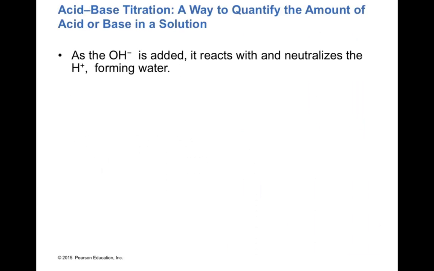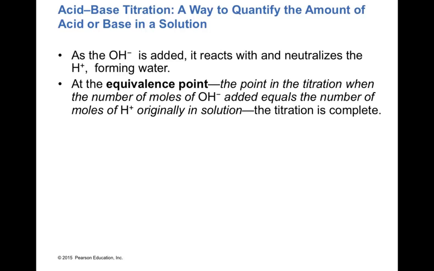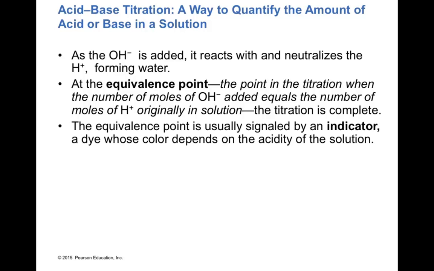As hydroxide ion is added, it reacts with and neutralizes the proton from water. At the equivalence point, the point in the titration when the number of moles of hydroxide added equals the number of moles of the proton originally in solution, the titration is complete. The equivalence point is usually signaled by an indicator, a dye whose color depends on the acidity of the solution.